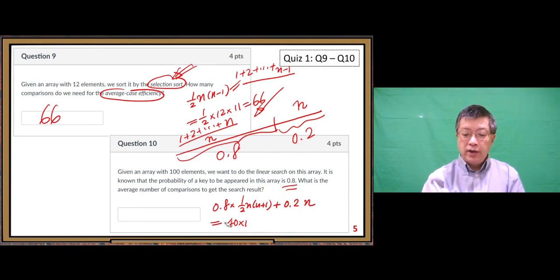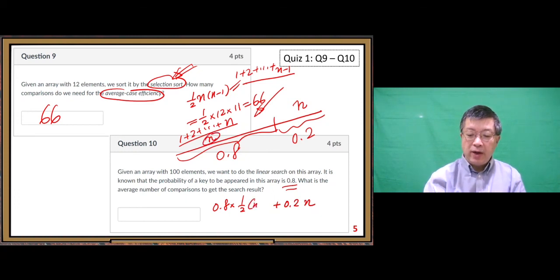Oh, sorry. Because after that I need to divide it by n. So after dividing by n, it is 0.4 times 101 plus 20.